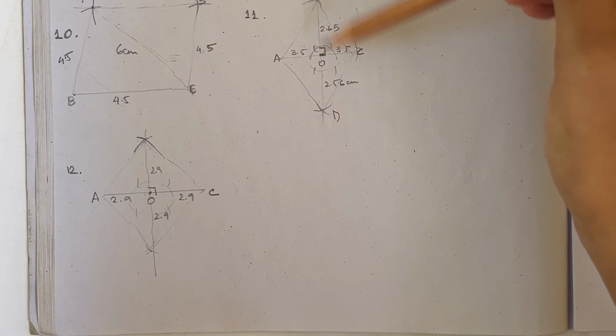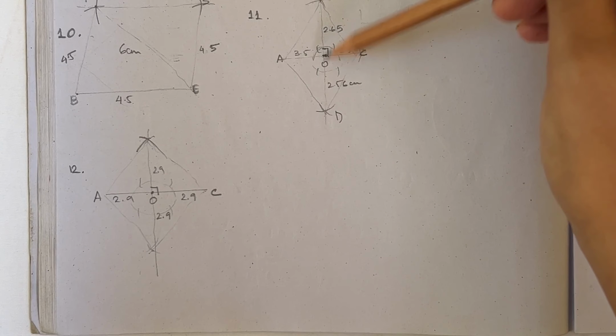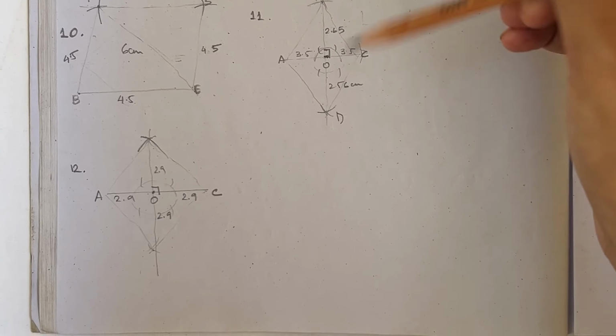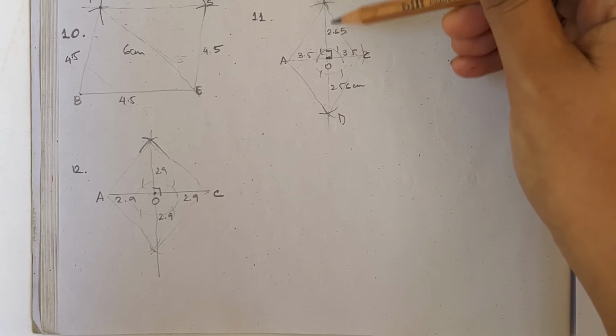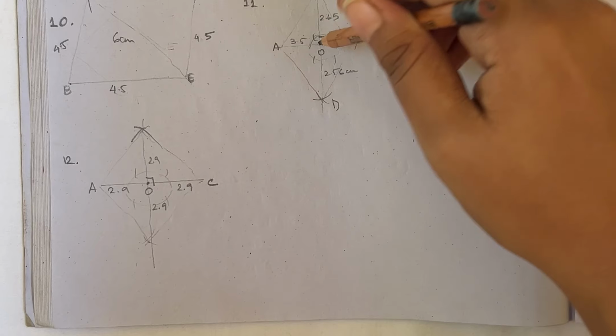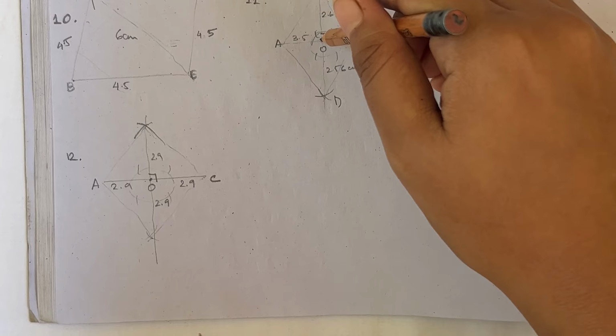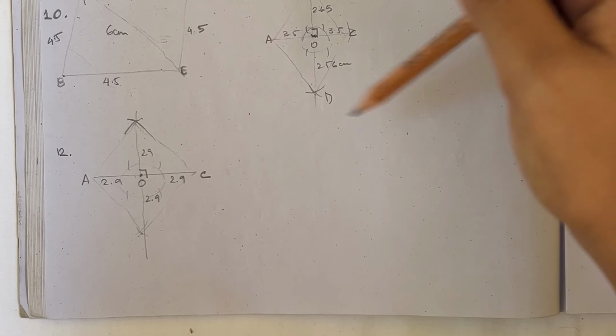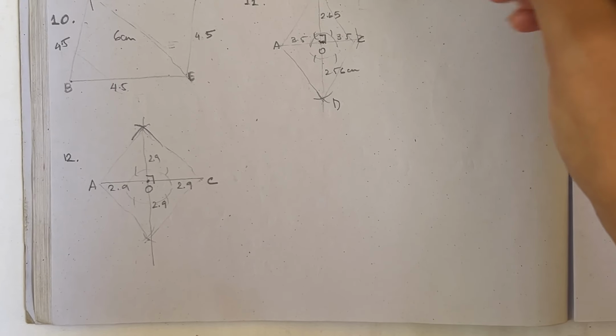At O we draw 90 degree. Similarly below we draw 90 degree, and measuring half of 5.3, it will come 2.65. We place the compass here, measuring 2.65, bisect B and bisect D and join the lines. So we get our required rhombus ABCD.